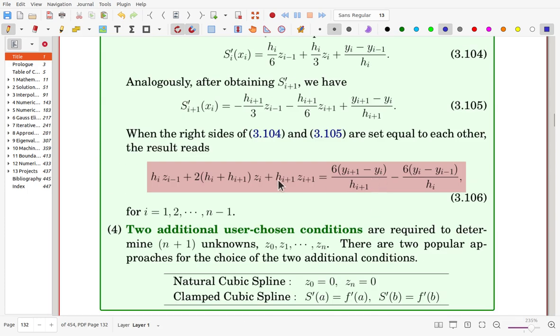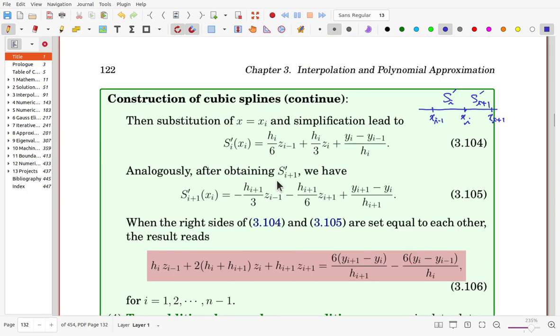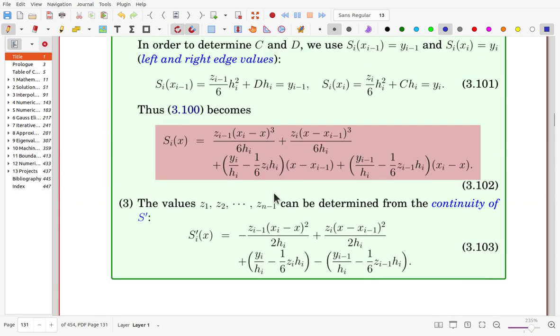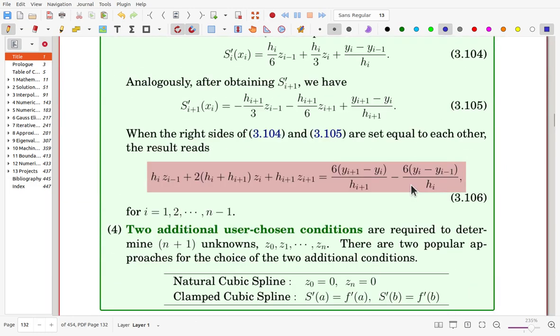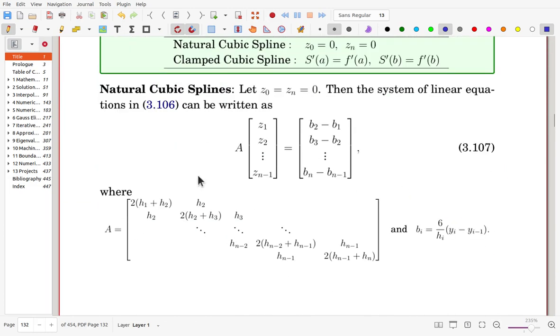Then by using the Z values, we can finalize the formula for the cubic spline. Once the Z values are known, then you can finalize the spline here. Okay, that is for natural cubic splines.